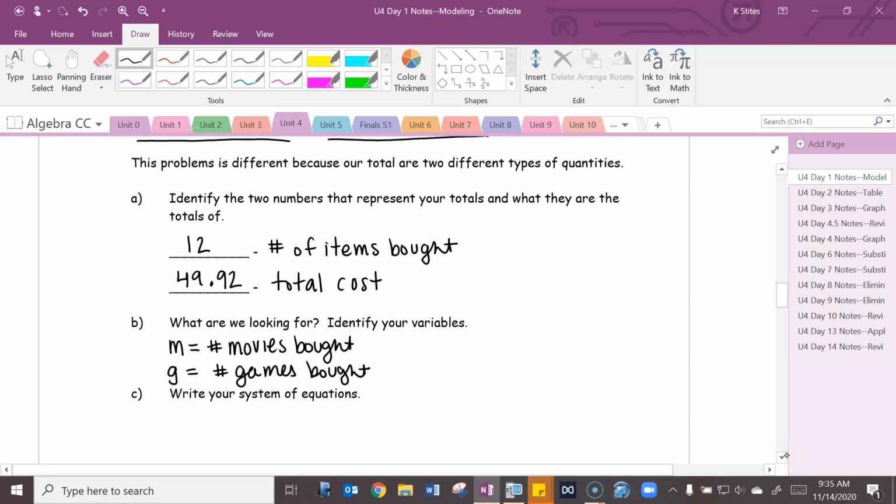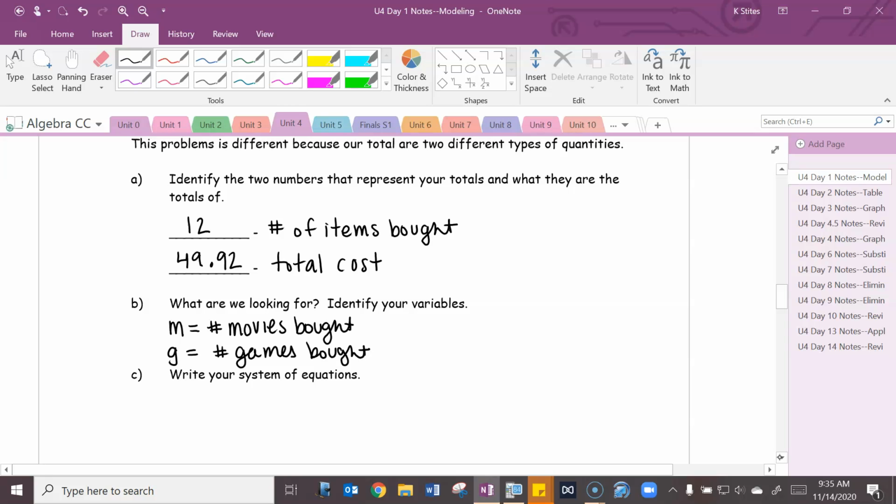This first one is a little tricky for people. We know that there were 12 total items bought, and this was only made up of movies and games. So our first equation is actually going to be M plus G, the number of movies bought plus the number of games bought equals 12 total items bought.